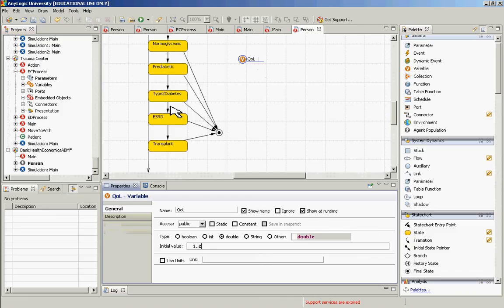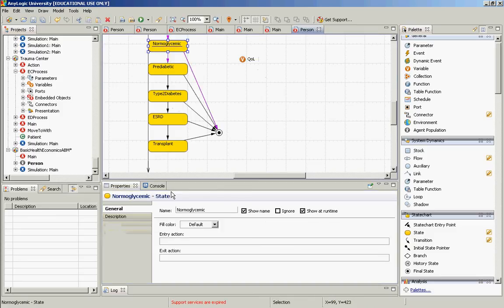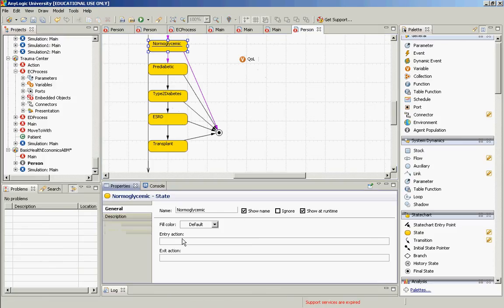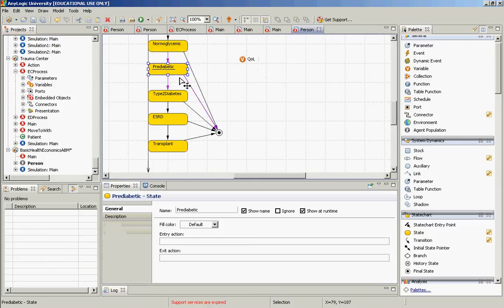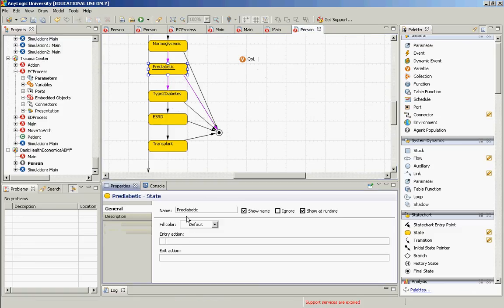We're going to posit that when individuals come into a normal glycemic state, full blown as it were, they receive a value of 0.9. We'll retain a similarly high value for pre-diabetic.